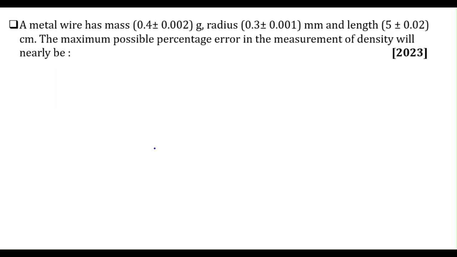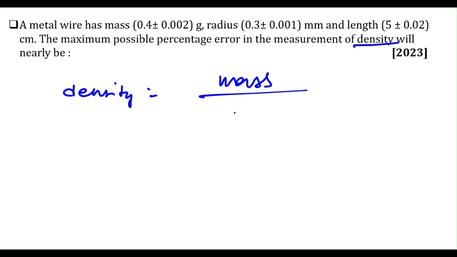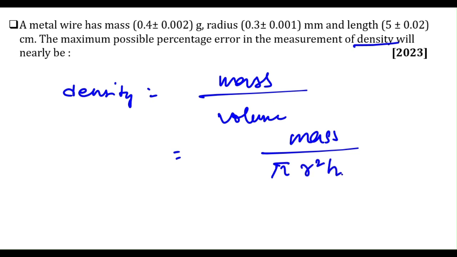Okay, a metal wire has this much mass, radius and length. So let's say this wire is cylindrical. Look here, density is mass per unit volume, and in case of a cylindrical object, volume is pi r square h.